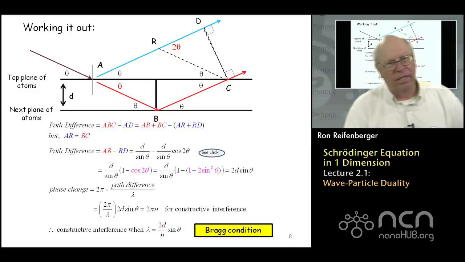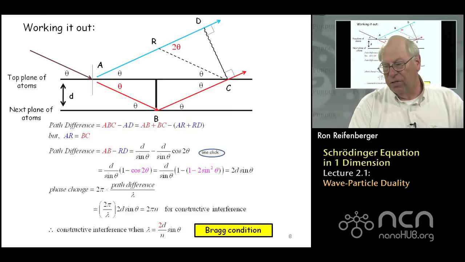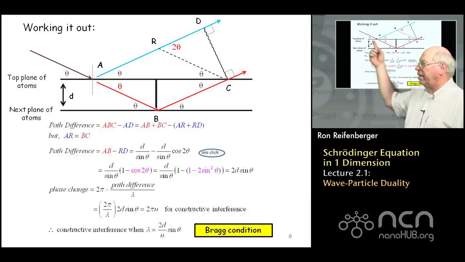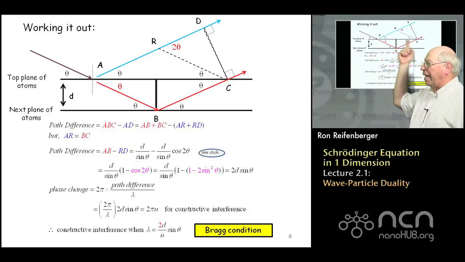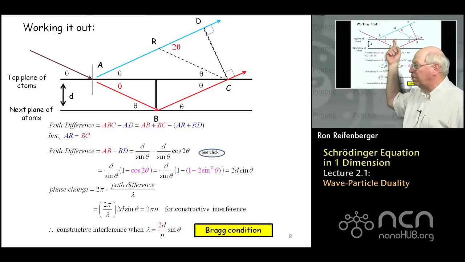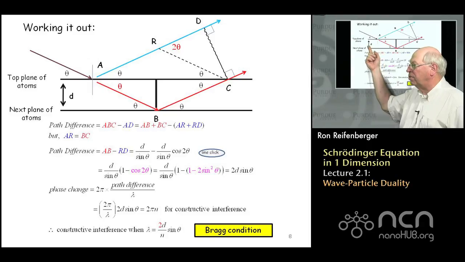You can work out the conditions for constructive interference. The geometry for doing that is indicated here. This top black line represents the top row of atoms in a crystal. This lower black line represents the second plane of atoms in a crystal. The two planes are separated one from another by a distance d.